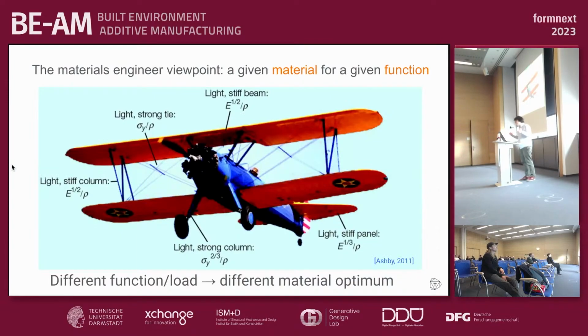So I'm a materials engineer by trade. So for me, a material has a function. So we create materials to fulfill a function, for instance, a mechanical function. If you take this example of a very classical airplane, you have different components, different parts that are loaded in different ways.